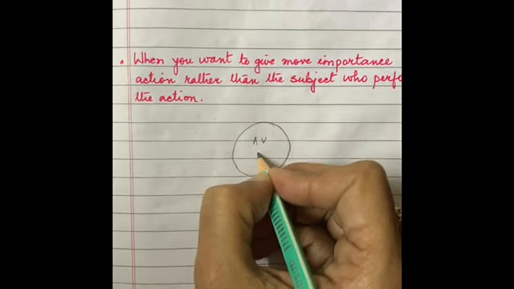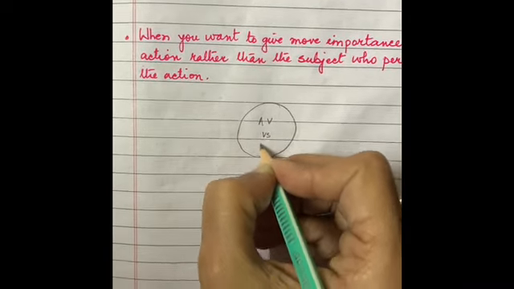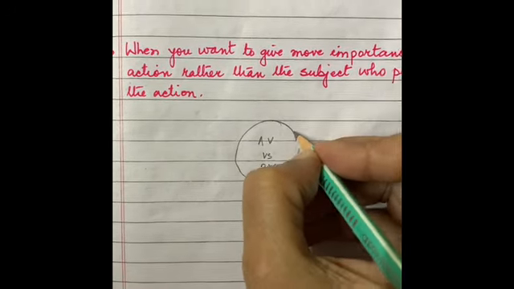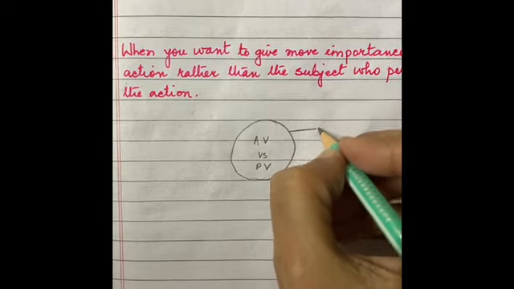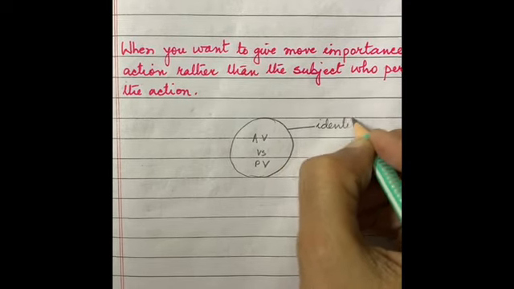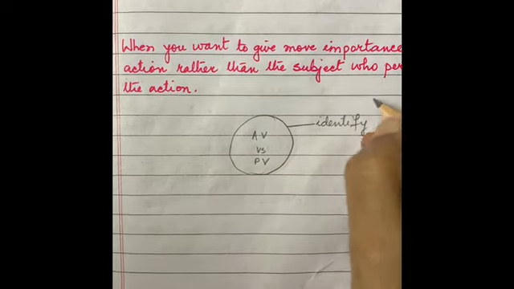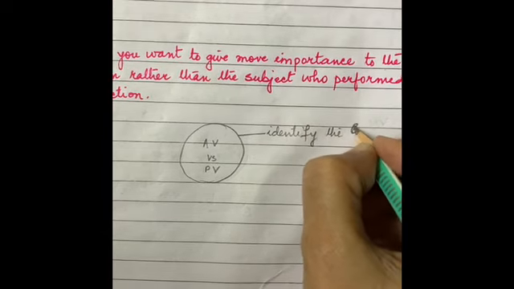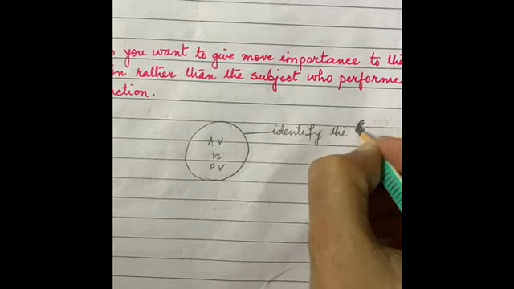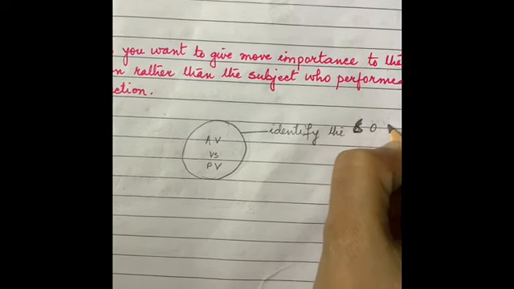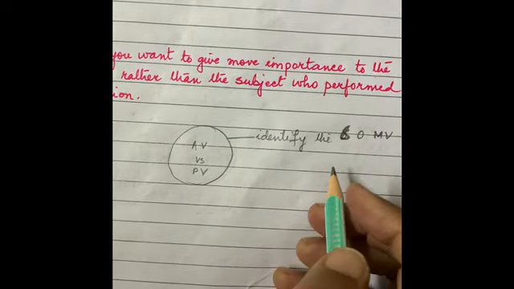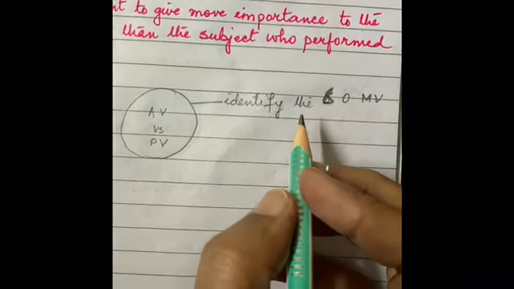The first step is to identify the subject, object and the main verb in any sentence.